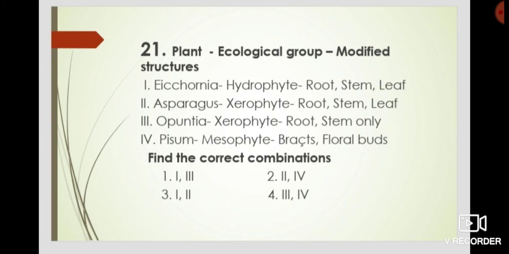Opuntia, xerophyte, root, stem only modified structures. Pisum, a mesophyte, bracts, floral buds are modified structures. Find the correct combinations. The right answer is fourth one. 3 and 4, asparagus and Pisum.